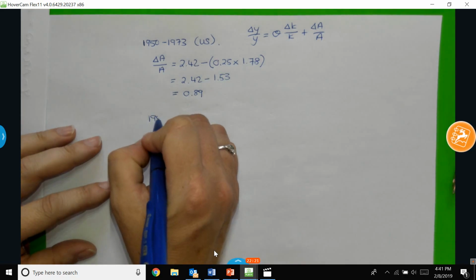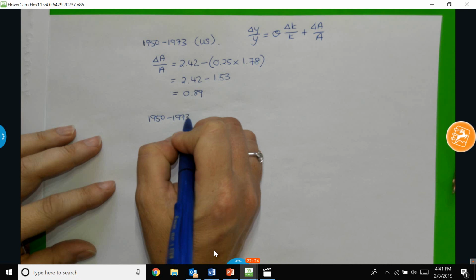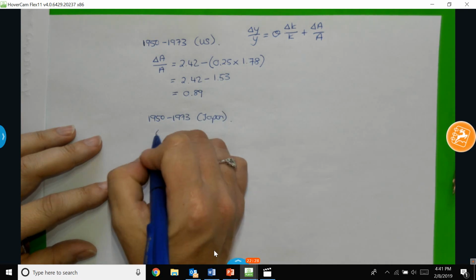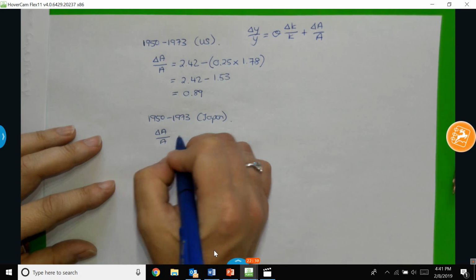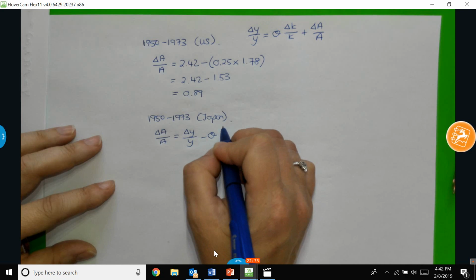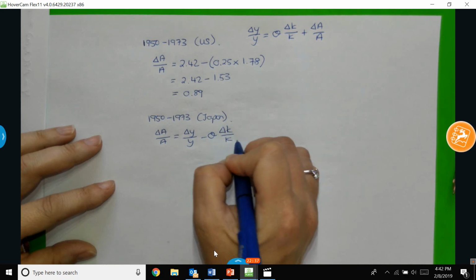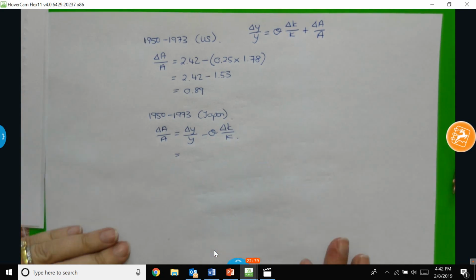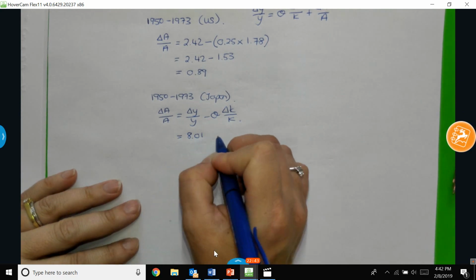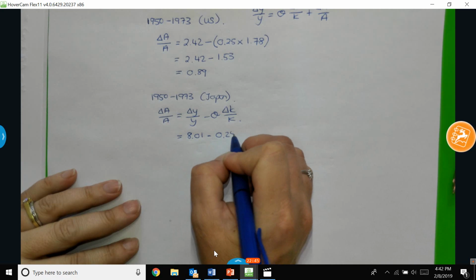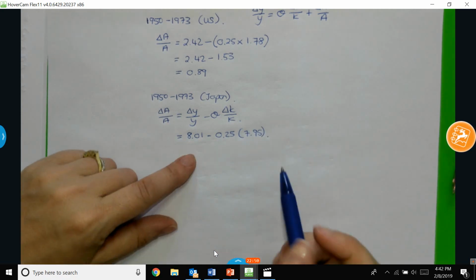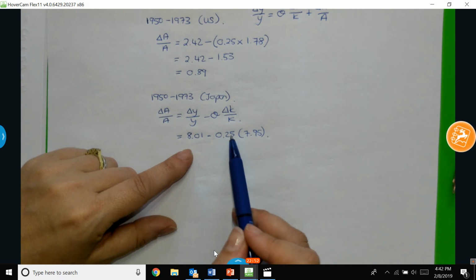So again, 1950 to 1973, this is now Japan. Change in A over A is equal to change in Y over Y minus theta, change in K over K. So the figures for Japan, recall they were quite a bit bigger: 8.01 minus 0.25 times 7.95. Okay? So we're assuming theta is 0.25.